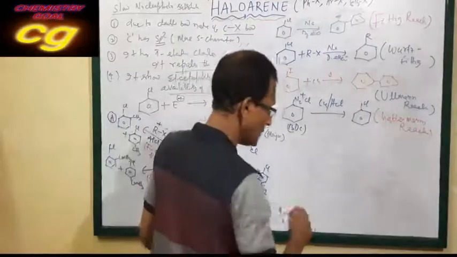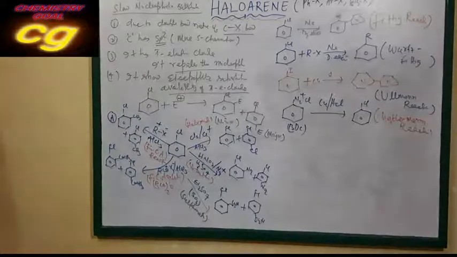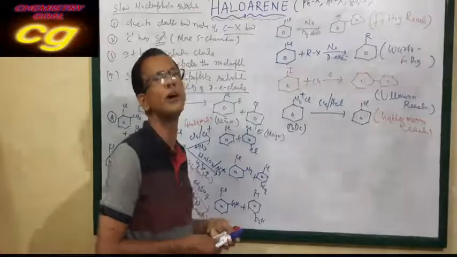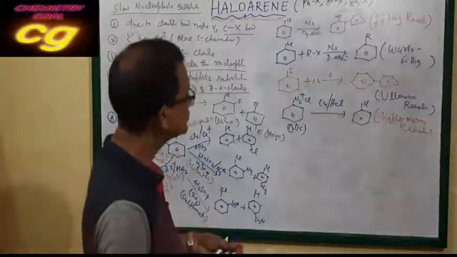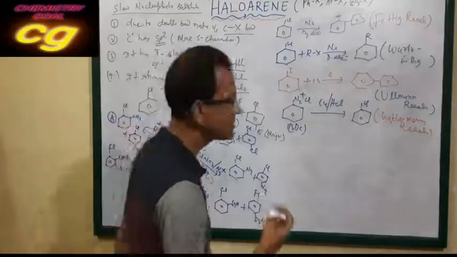How can you increase the rate of nucleophilic substitution? Already we discussed nucleophilic substitution reaction is very slow in case of haloarene, but how can you increase the reactivity of haloarene towards nucleophile?